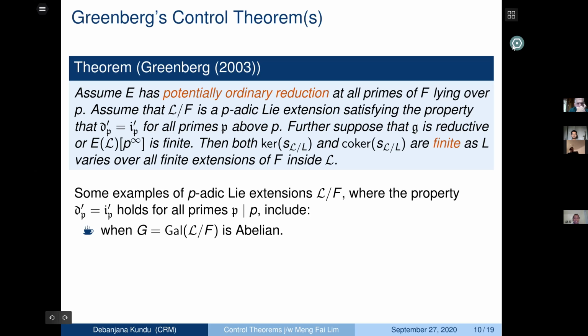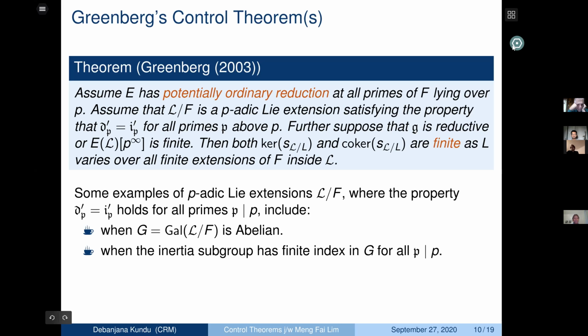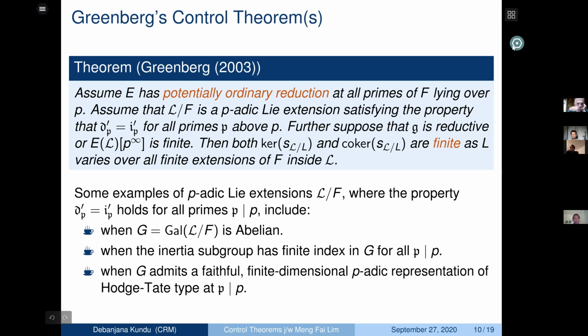And maybe just to give you some examples where his theorems hold: again, you don't have to just look at Z_p extensions. These can be any multiple Z_p extensions, Z_p^d extensions, or any p-adic Lie extension where the inertia subgroup has finite index in the Galois group.